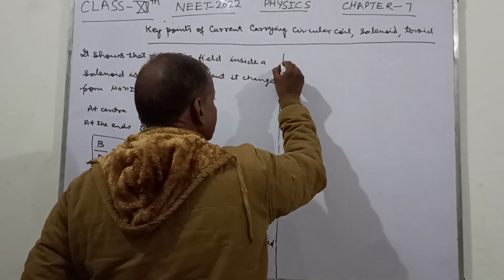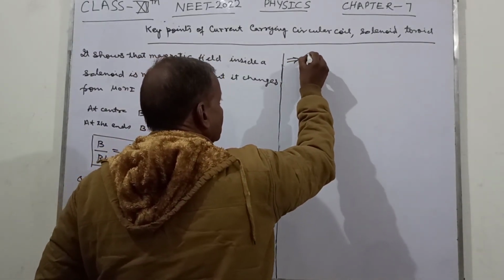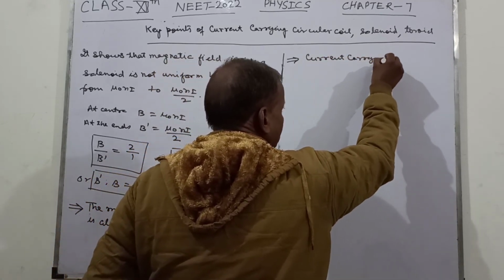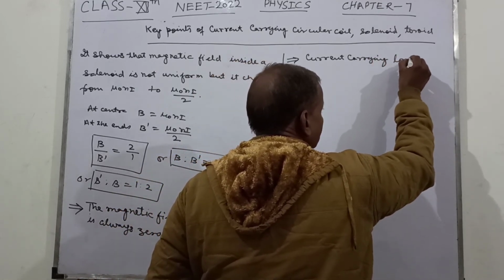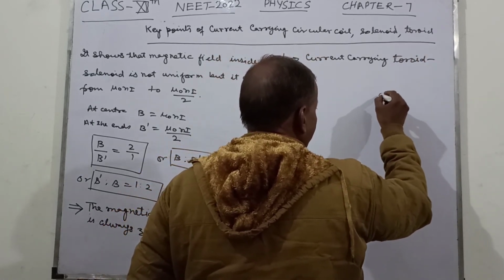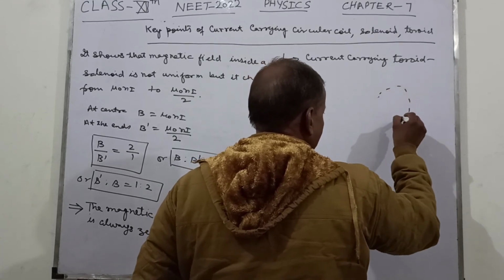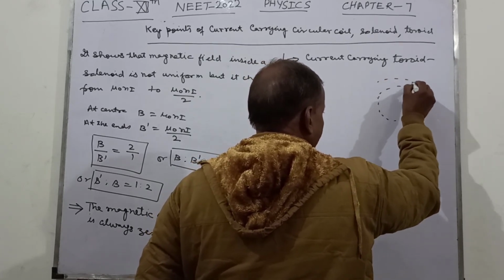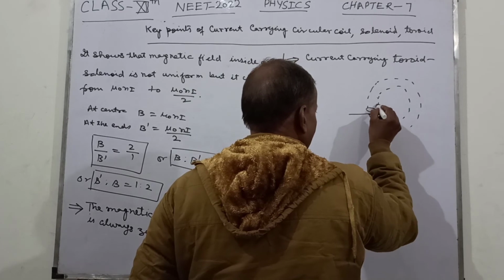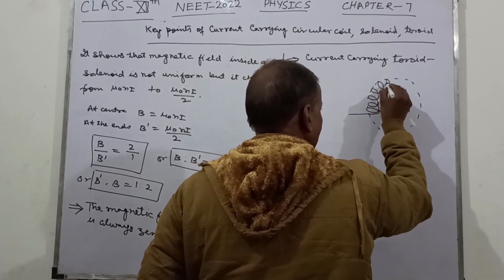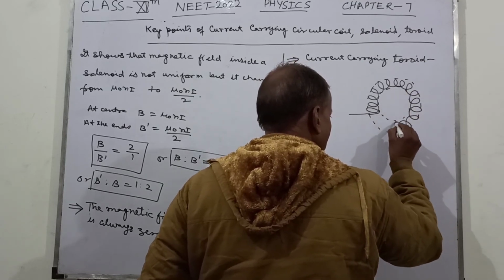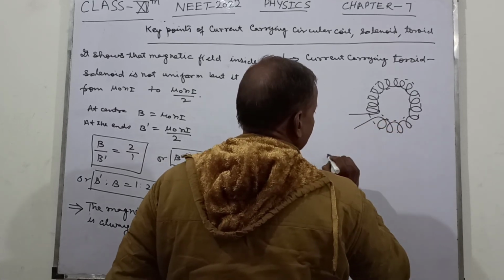Now for a current carrying toroid. It is of this shape, which I can draw here.